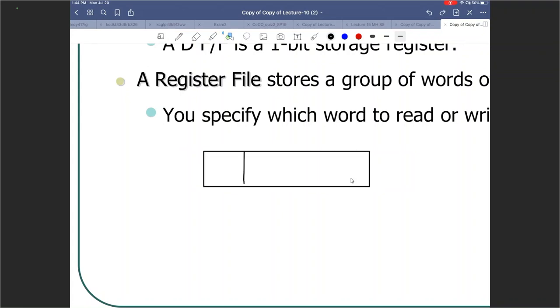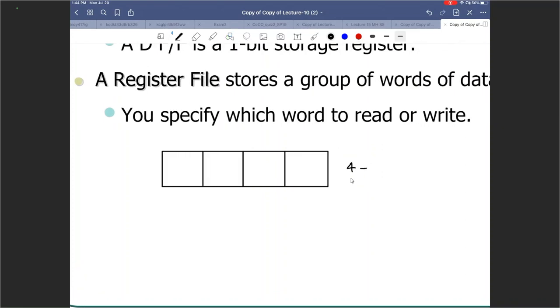First bit, second bit, third bit, and fourth bit, right? So this is a 4-bit register, for example. You have the first bit here, second bit here, third bit here, fourth bit here, a 4-bit register.